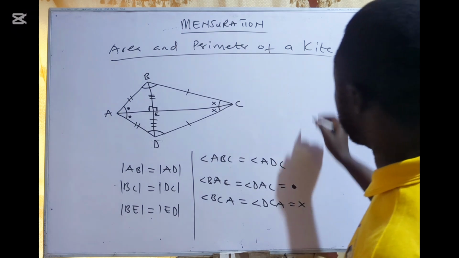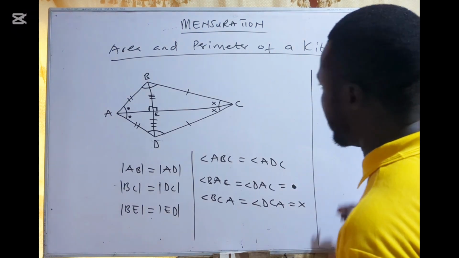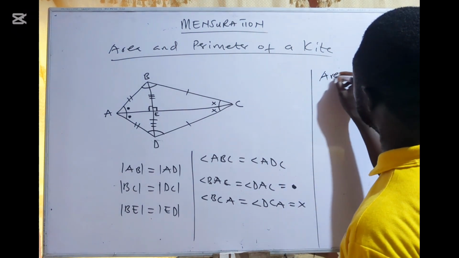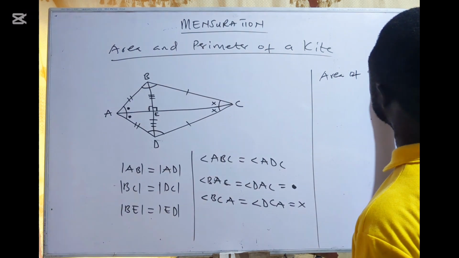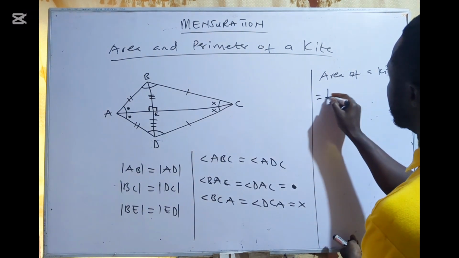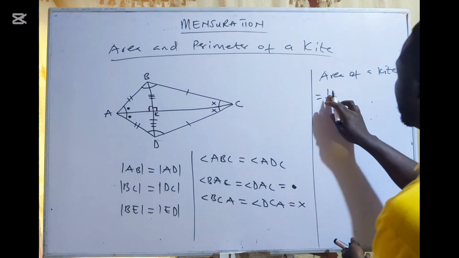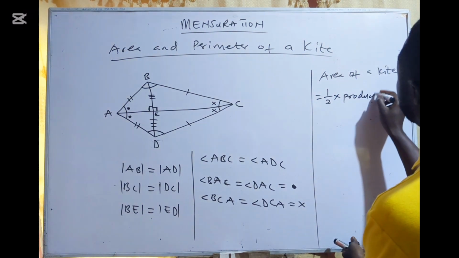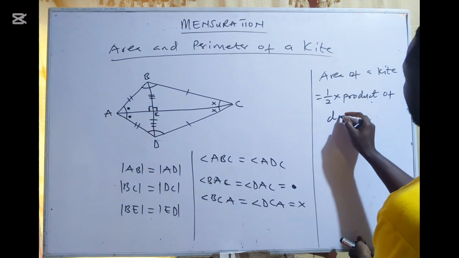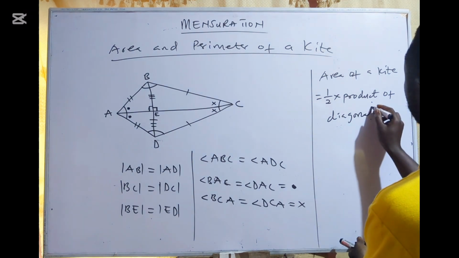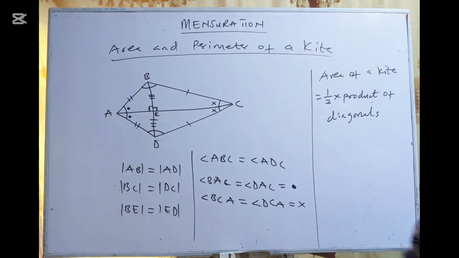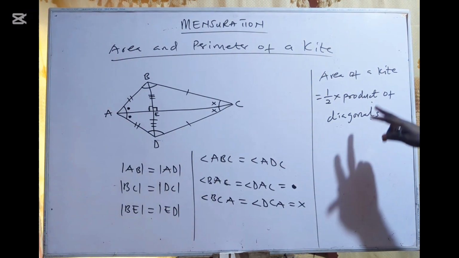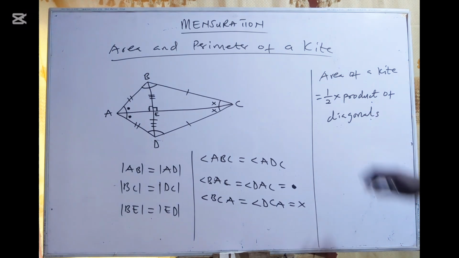Alright, then let's look at the area and the perimeter. The area of a kite is the same as that of a rhombus: half times the product of the diagonals. So the area of a kite is half multiplied by the product of diagonals.